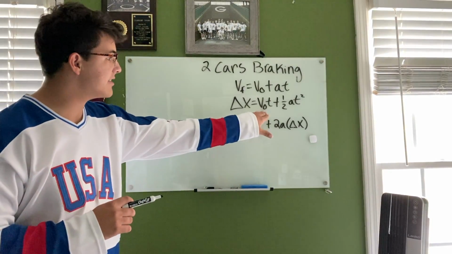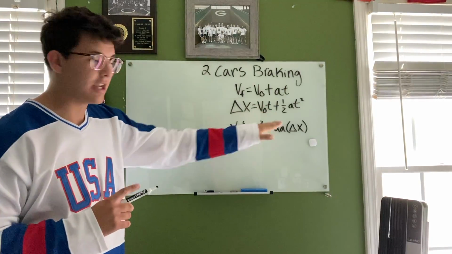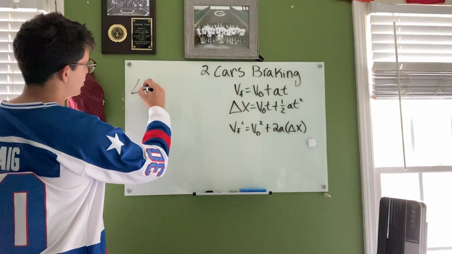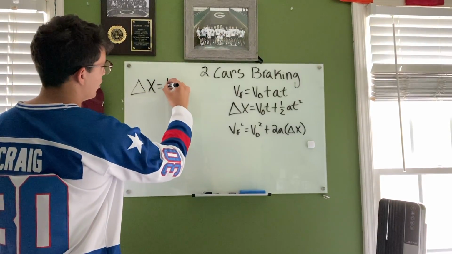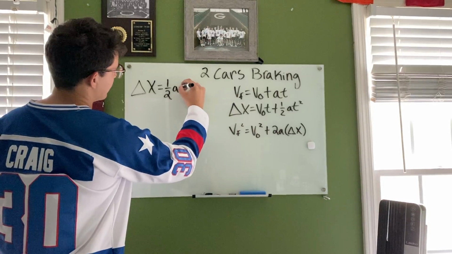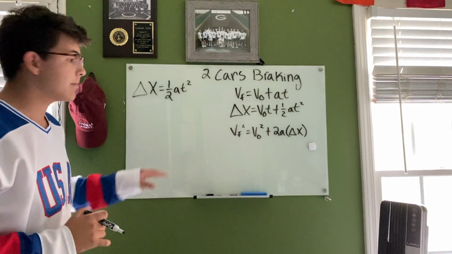Now we know V naught is 0, so that completely eliminates the V naught t part of this equation. So if we look at it, we have change in x, which is going to be our distance, okay, is equal to 1/2 at squared. So there's the equation that we are working with.